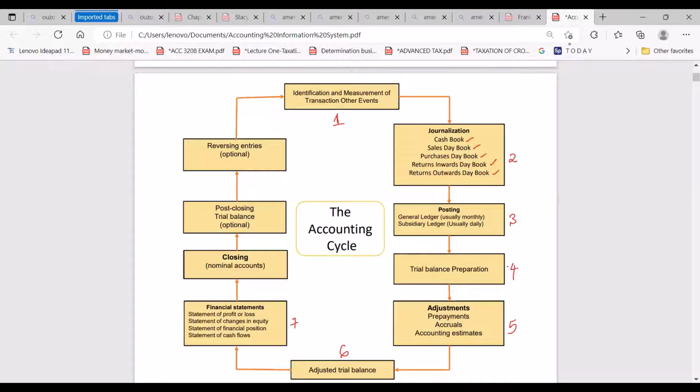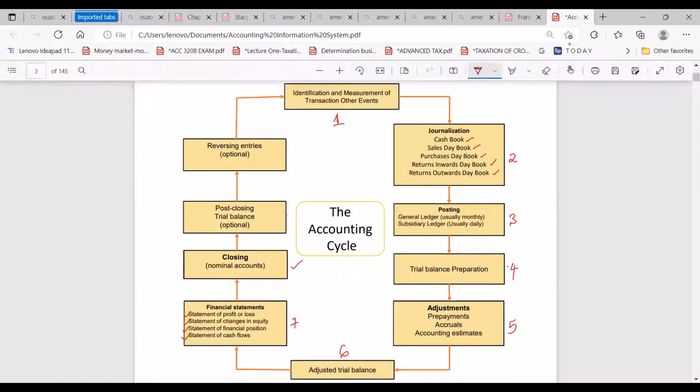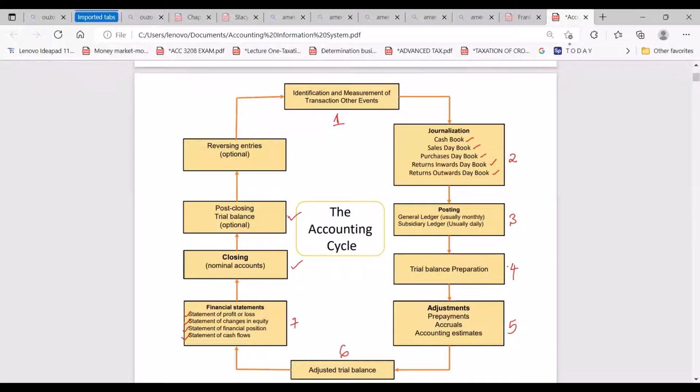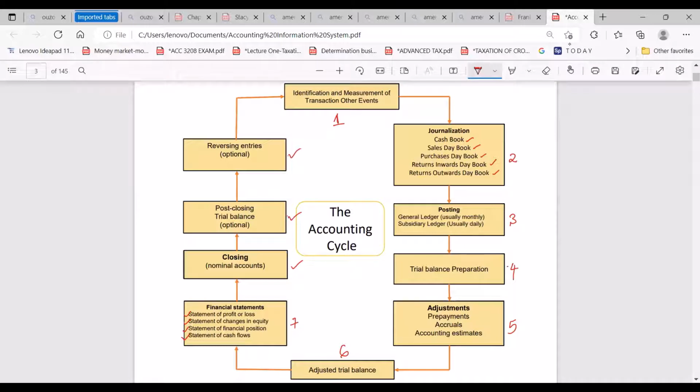This is where the accounting information is summarized into statements, and the most common are the statement of profit or loss, statement of changes in equity, statement of financial position, and statement of cash flows. The next stage is posting of closing entries and posting closing trial balance, and finally reversing entries.